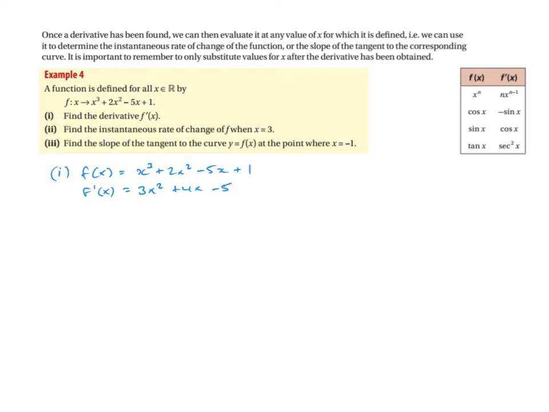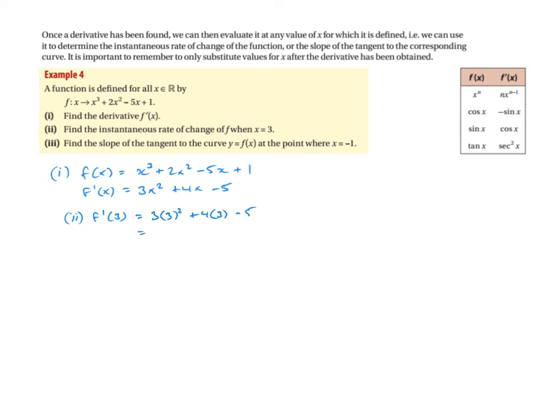So the next part of the question asks us to find the instantaneous rate of change when x is equal to 3. So what we're going to do is put f dash of 3. Essentially what I'm saying here is I'm going to put 3 through my derivative function, straight through. So it's equal to 3 by 3 squared plus 4 by 3 minus 5.